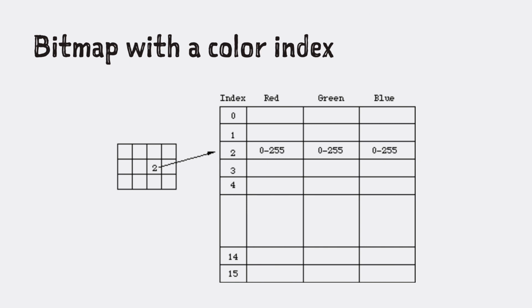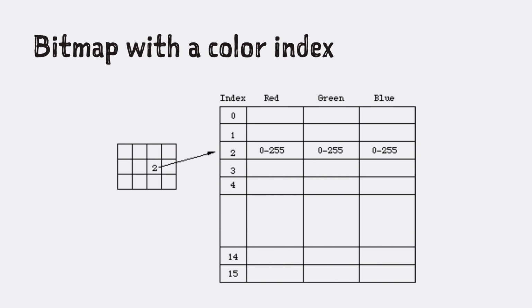Just go back to your childhood where you had this index where you'd be like, color all the spaces that are marked with 2 with green, and you would take your green pencil and color them. Color index is exactly that.